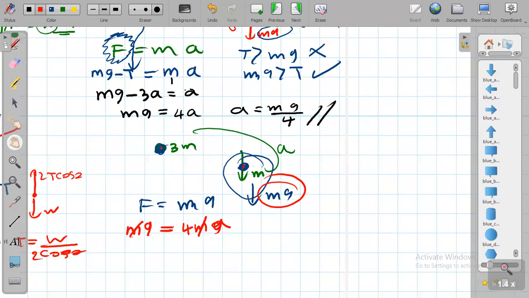Wait, I made a mistake here. I should not have written 1 ma. M is gone, g over 4. So a equals g over 4. Right? This is just M, I can't just cancel now. It's just M, and it is Mg over 4.